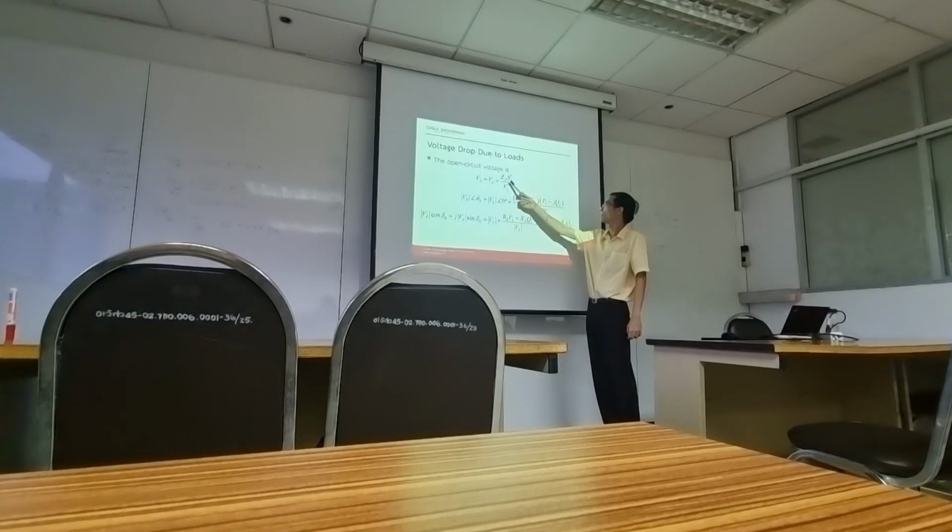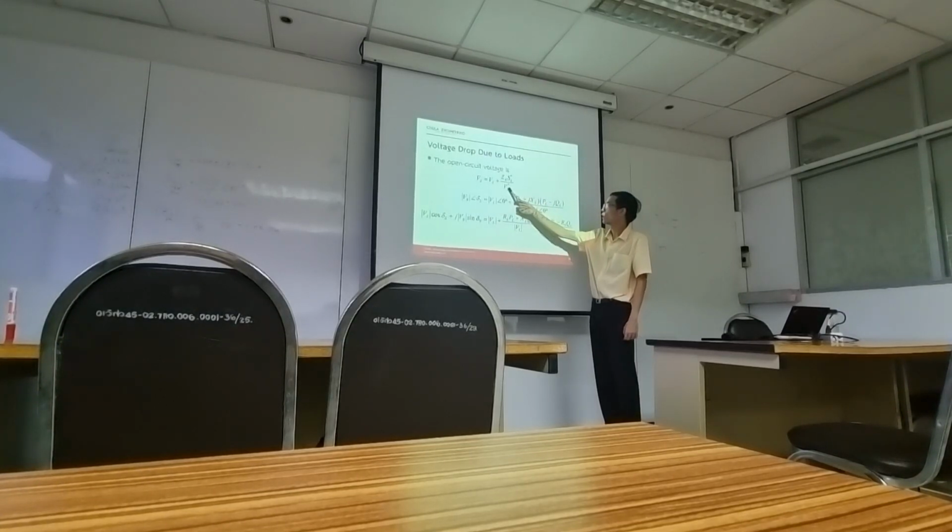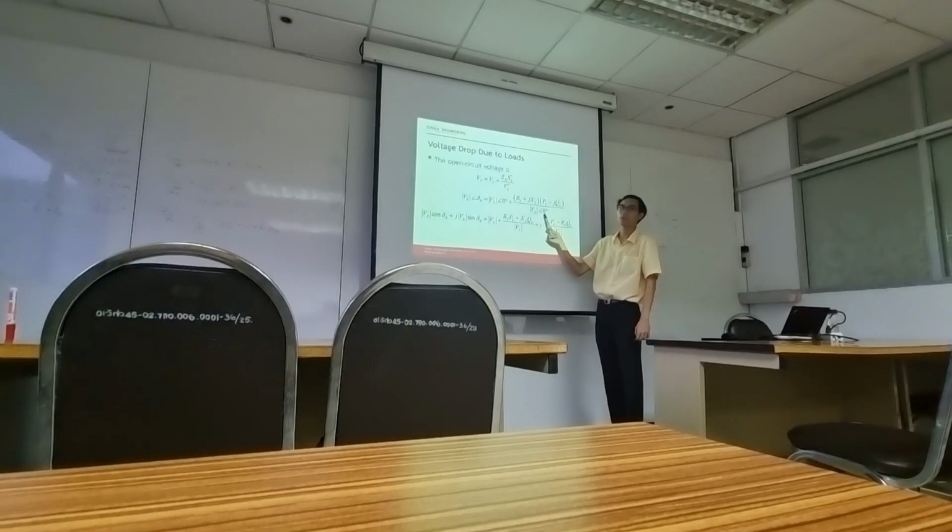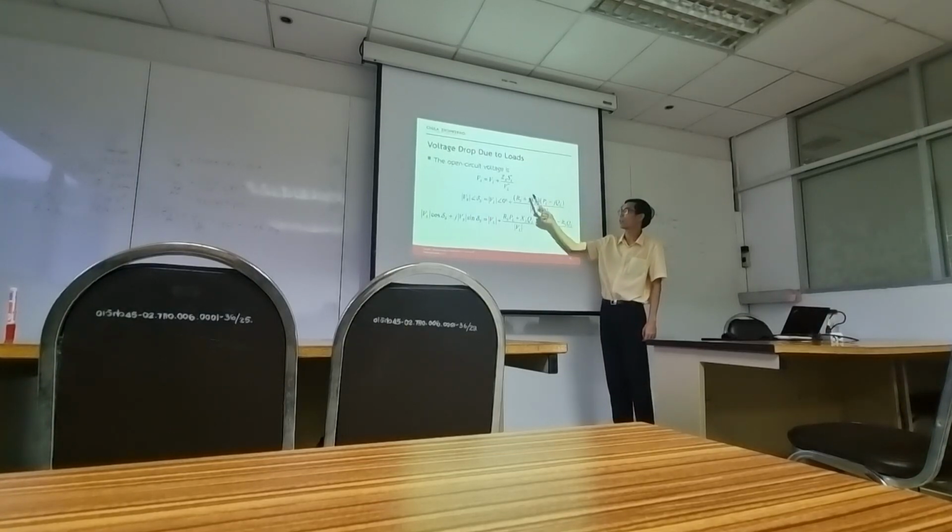This is Zs, Zs is Rs plus jXs. SL conjugate is PL minus jQL because it has a conjugate. And VL conjugate is VL angle 0 degrees. VL and VL conjugate are the same because the angle is 0.